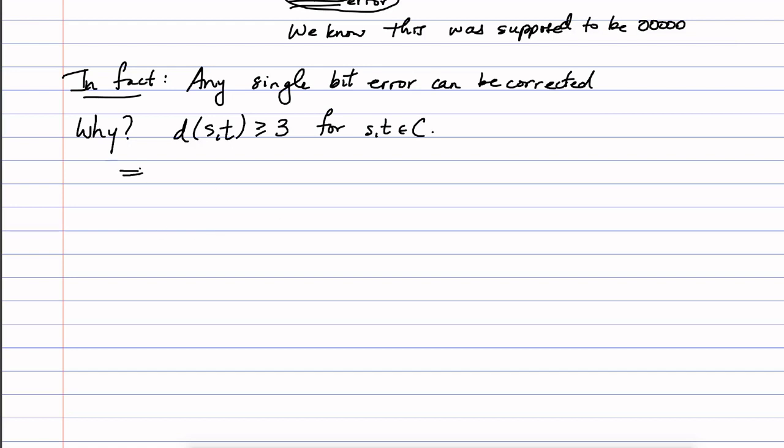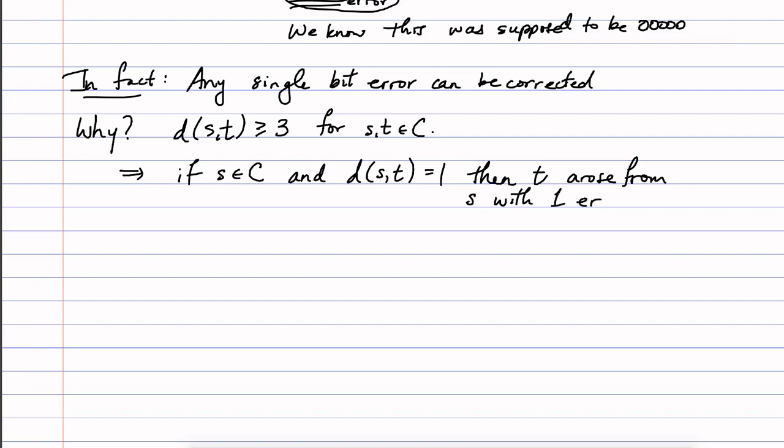So that means that if you start with a word s in this code and then you measure that the distance from s to some other string t is 1, then t must have come from s with one error. So t arose from s with one error. So that means if you see a string t in a message which didn't come from C, it must be an error, and it must have come from s.